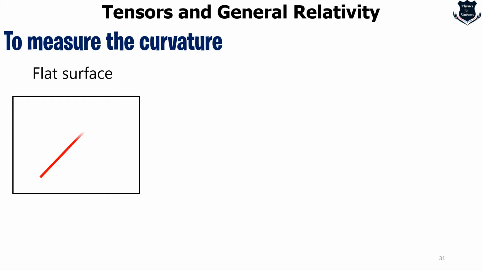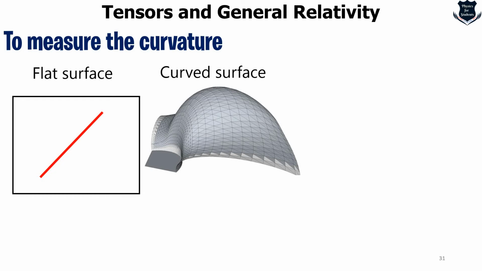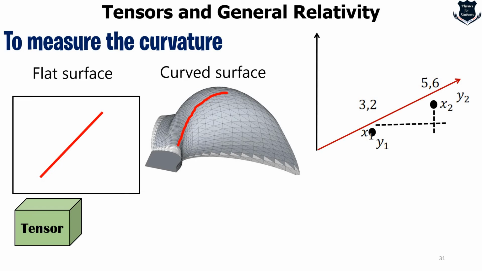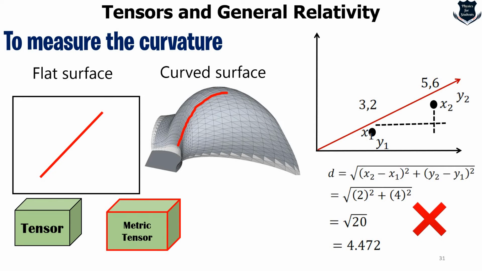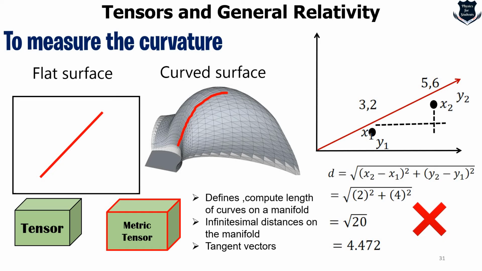So on a flat surface, if I'm drawing a straight line like this and then I get a curved surface, when I draw the same line, it will become curved. So evidently the distance formula, or the Pythagoras theorem or whatsoever, won't work out. This is okay here, but this won't work out. And for that we need a tensor component. Why?